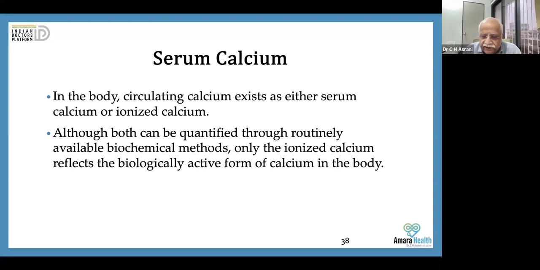And we know calcium is never tested alone. It is tested as a part of packages, and then you will get a reading which is normal. Patient may actually be hypocalcemic. Only the ionized calcium reflects the biologically active form of calcium in the body.